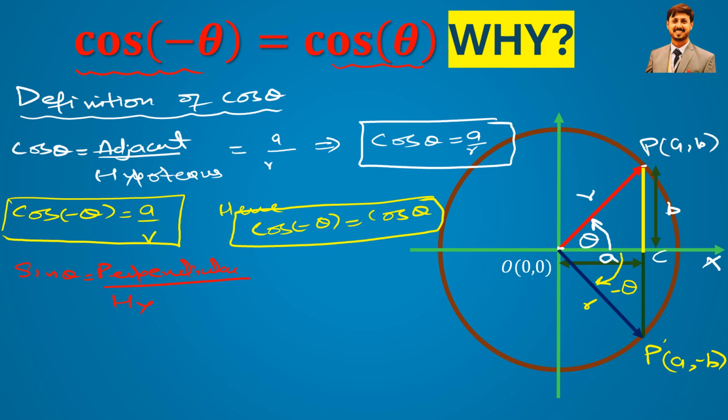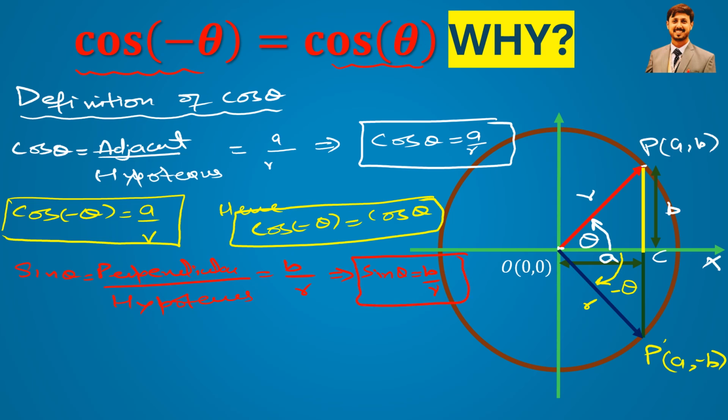In triangle O, C, and P, the perpendicular is B and the hypotenuse is R. So sine theta equals B divided by R.